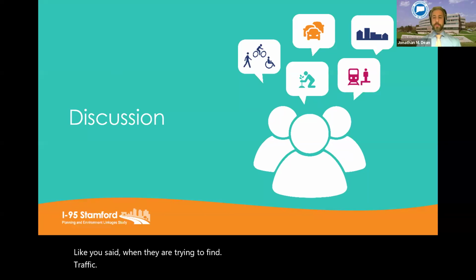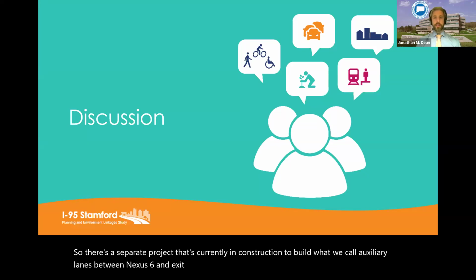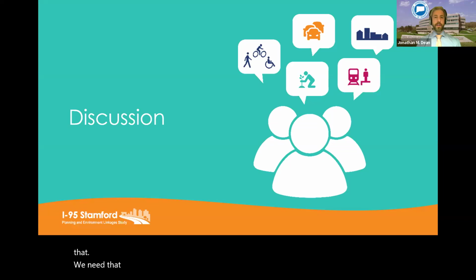There's a separate project that's currently in construction to build what we call auxiliary lanes between exit 6 and exit 7. It's basically connecting the on and off ramps, so that Emily talked about that weaving that goes on where you have cars trying to get on and off the highways, sort of jockeying for position.